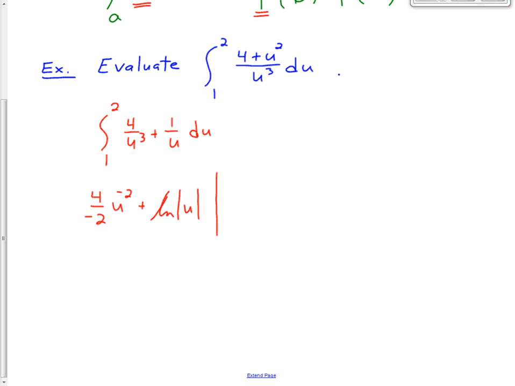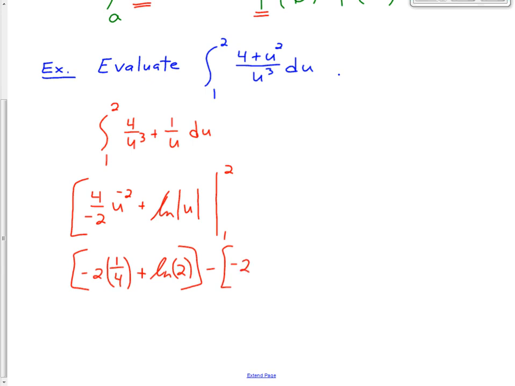And now we're evaluating these from 1 to 2. So we plug in 2, and we're going to get negative 2 times 1 over 4 plus the natural log of 2, minus, now we'll plug in the 1, and we're going to get negative 2 times 1 to the negative second, which is 1, plus the natural log of 1.